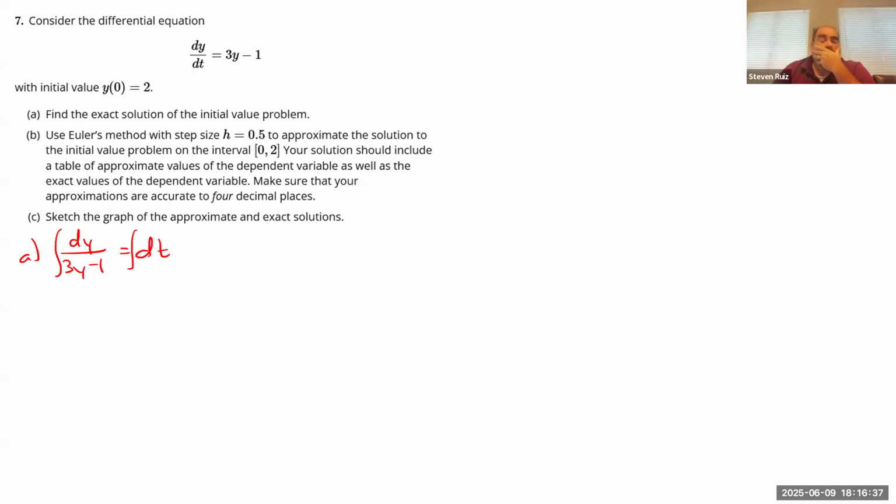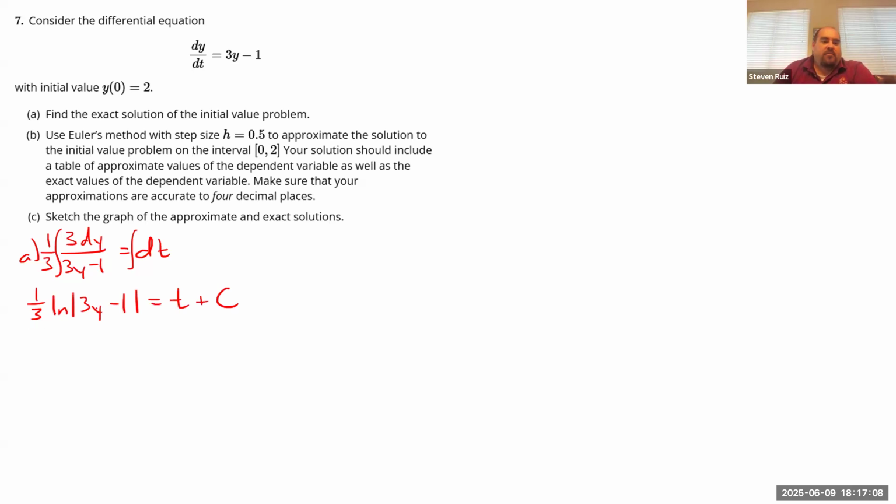The left-hand side is going to become a natural log, but I've got to take a little bit of care because it's not going to be an exact multiple. So I'll do this. I'm going to multiply the inside of the integral by 3 and the outside of the integral by 1/3. So basically what I have here is 1/3 times the natural log of the absolute value of 3y minus 1, and that equals t plus c.